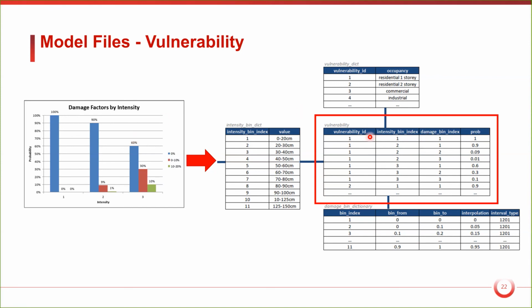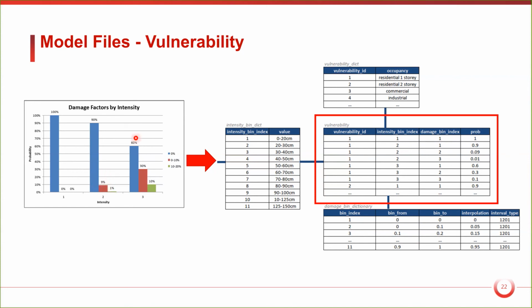So I can see vulnerability ID 1, which we're looking at, intensity bin 1, damage bin 1 has a 100% chance. Intensity bin 2, which was our second chunk over here, damage bin 1 has a 90% chance. So that's our 90% bar there. And then a 9% and 1%, which are 9s and 1s.